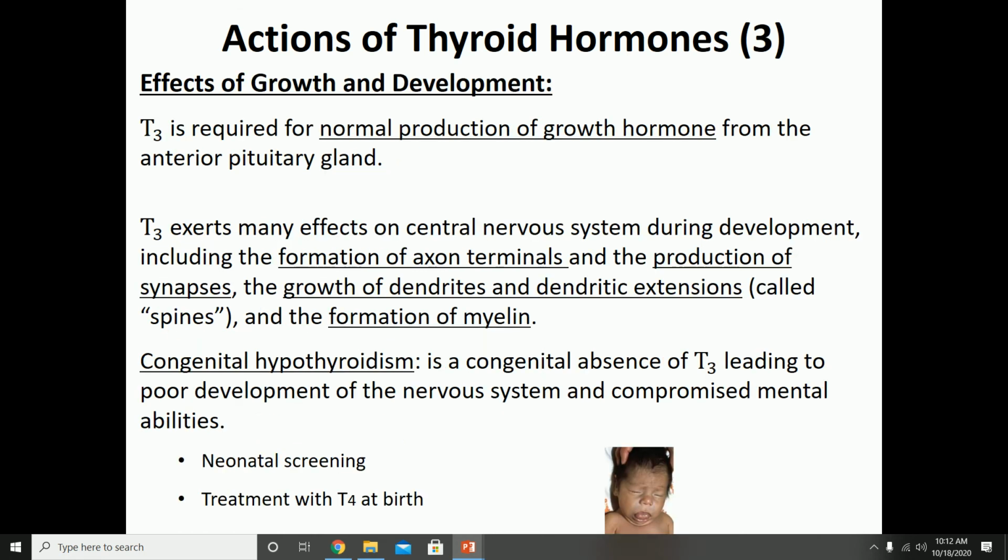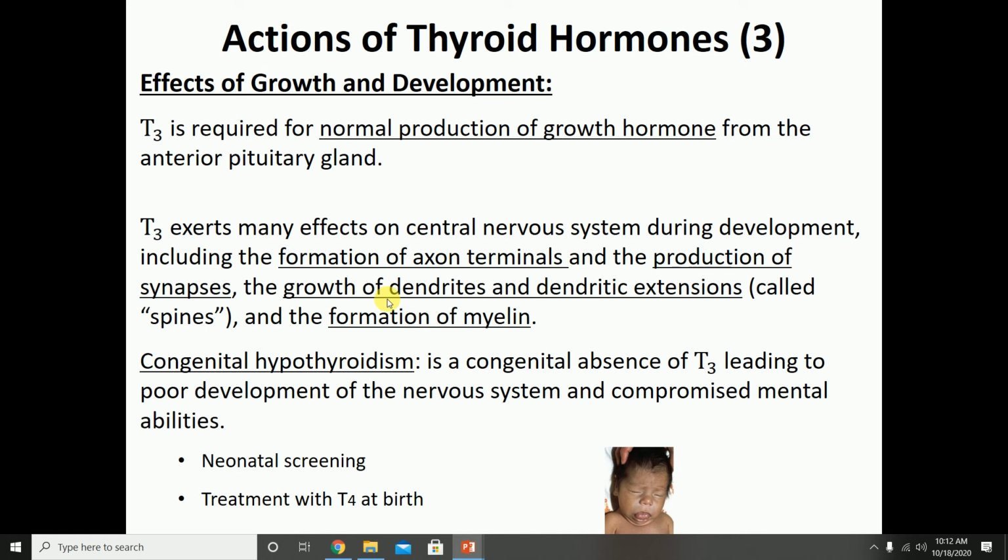Now, the action of thyroid hormones and its effects on growth and development. T3 is essential for normal production of growth hormone from the anterior pituitary. It is also essential, especially in utero, in the formation of axon terminals, in the production of synapses, in the growth of dendrites and dendritic extensions, and in the formation of myelin.